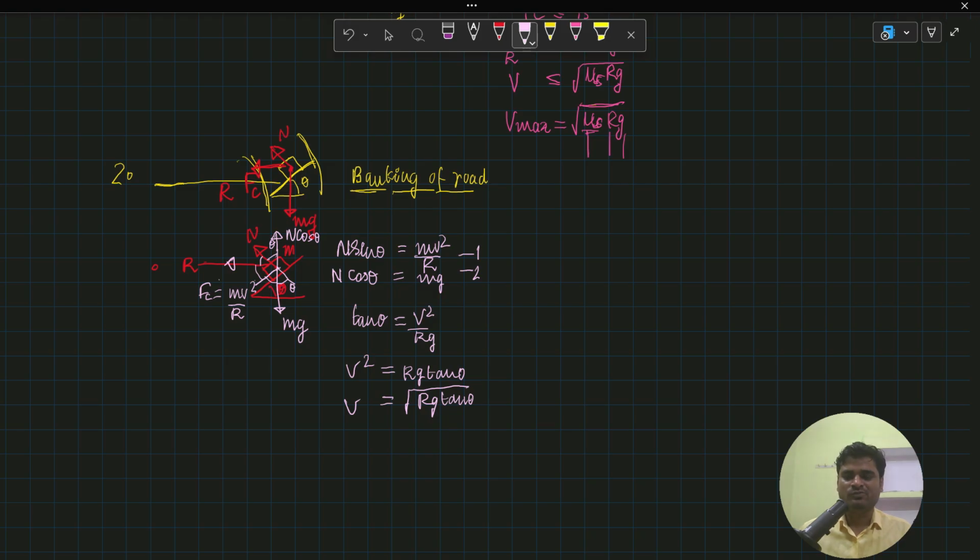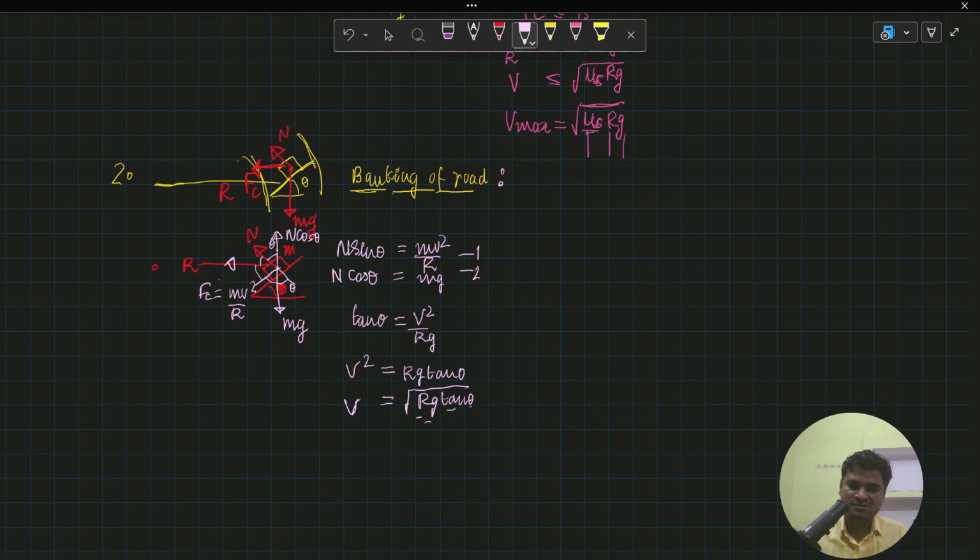So even when we bank the road, this is the maximum velocity that is allowed on this road because of the normal force. If you see, r is fixed, g is fixed, and the angle theta for a road is fixed.